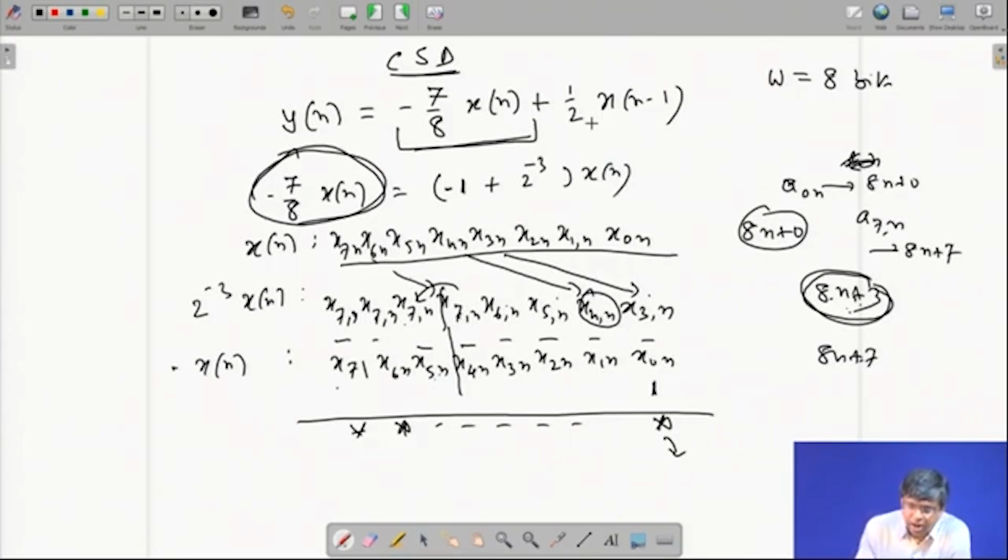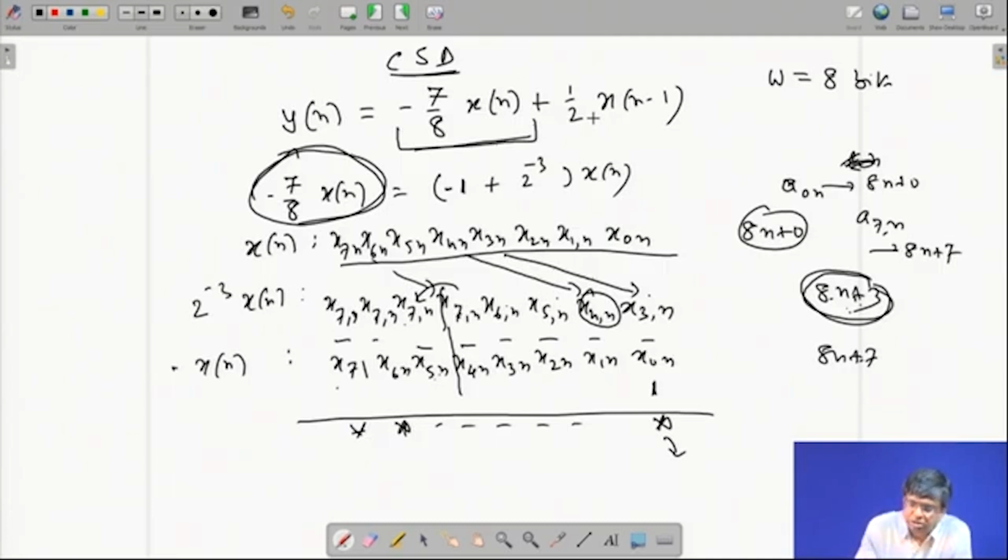So half xn minus 1 means, for xn I wrote the bits like this, x0n, x1n, x2n. For xn minus 1 it will be the same: x0 n minus 1, x1 n minus 1, x2 n minus 1, dot dot dot. These could be 1 or 0, but they are not the same for both the numbers, x of n and x of n minus 1. And then you are multiplying by half.